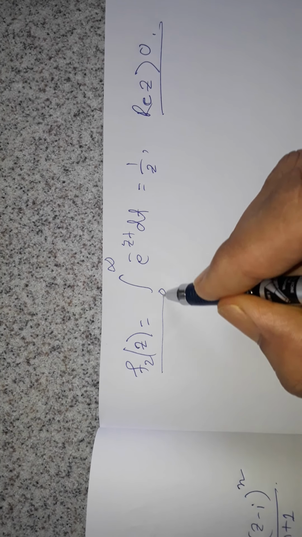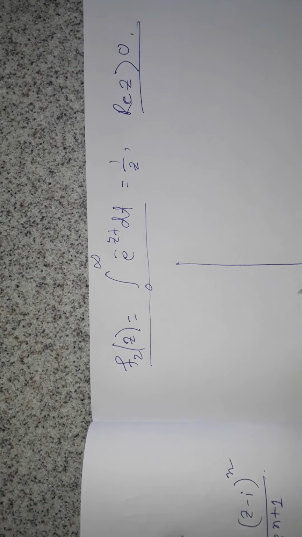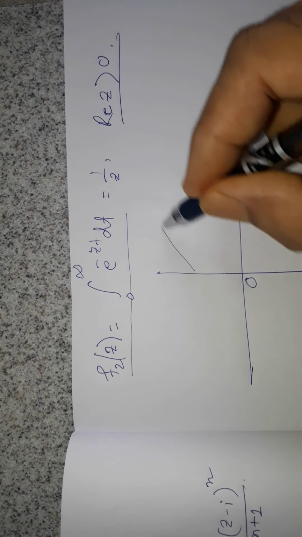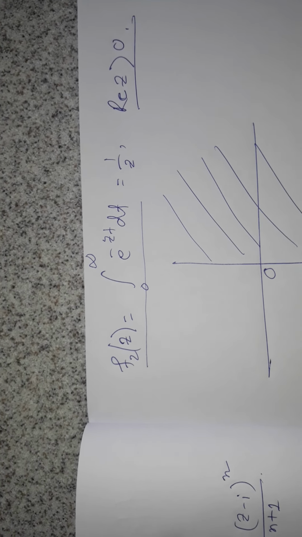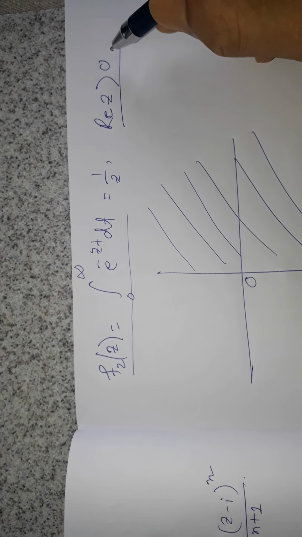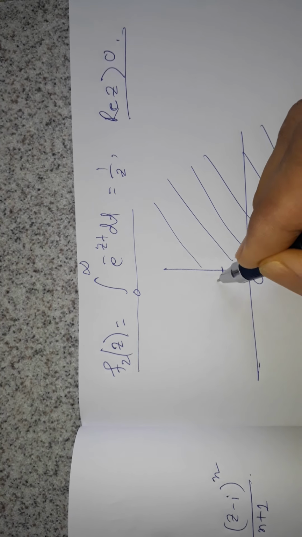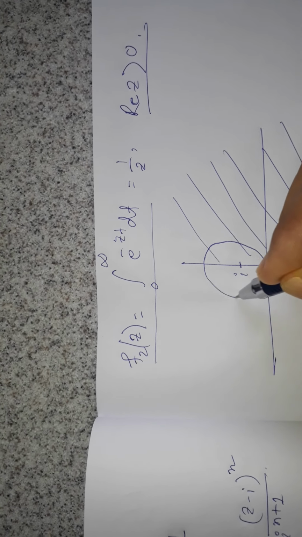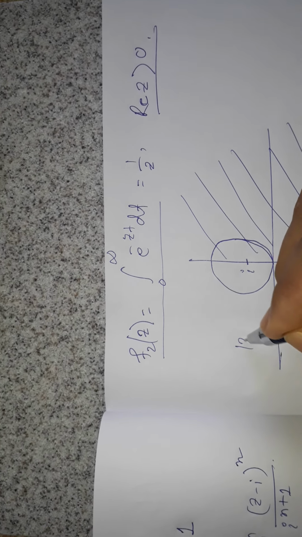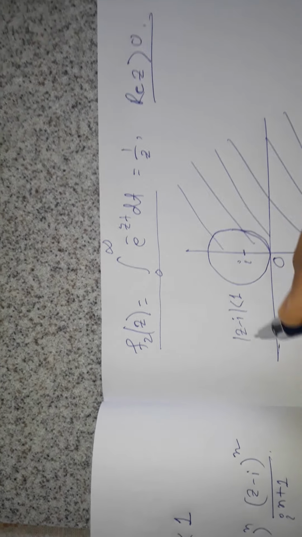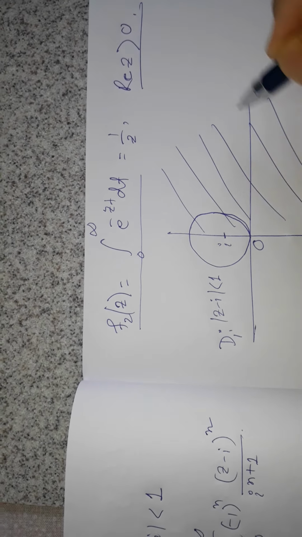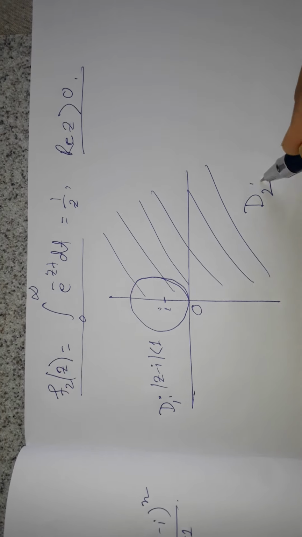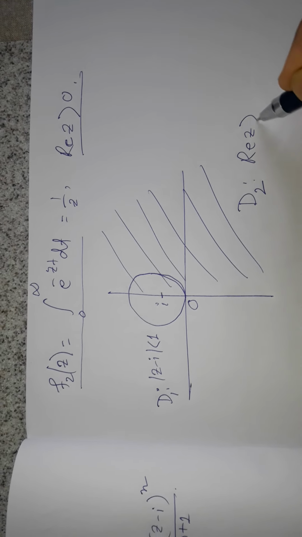Therefore this function f2(z) is analytic throughout the right half plane, real part of z greater than 0. And what was the other function f1(z)? Your f1(z) was analytic in the disk modulus of z minus i less than 1. So this was your D1, and this is your D2, where D2 is real part of z greater than 0.